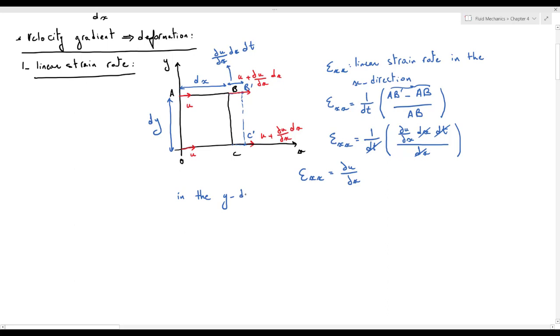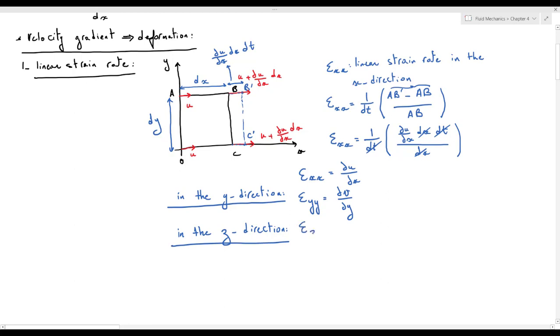Similarly, in the y direction, we have epsilon yy is del v over del y, and in the z direction we'll have epsilon zz is equal to del w over del z.